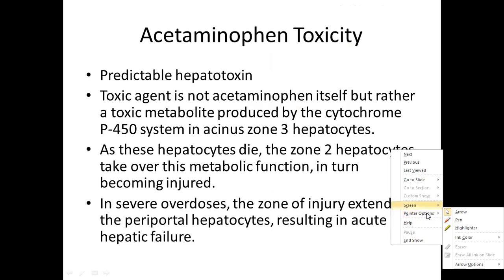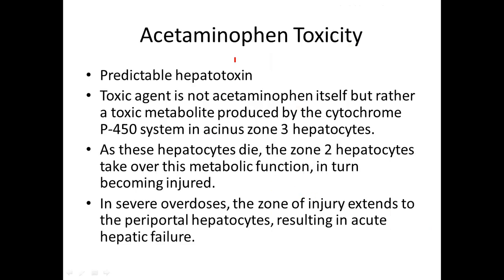But the commonest drug, which is very commonly used, is paracetamol. It induces dose dependent toxicity. It is a predictable hepatotoxin, although quite commonly used as an analgesic, especially in this post-COVID era, where we are not very comfortable using non-steroidal anti-inflammatory drugs.